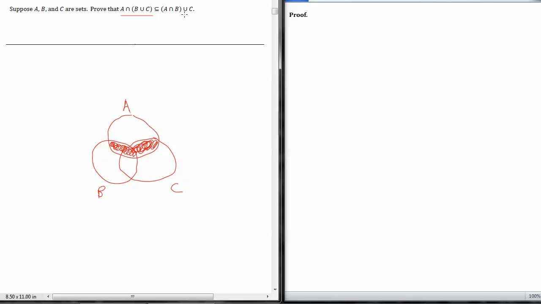Well, the right-hand side is A intersect B, which would be this sort of football shape here, just these 2 regions. But then we're taking the union with C, which would certainly include the other one over here, along with a bunch of other stuff, right? Everything else in C. Okay, so the first set I drew is certainly a subset of the entire set that I've colored in now. So we believe it's true.